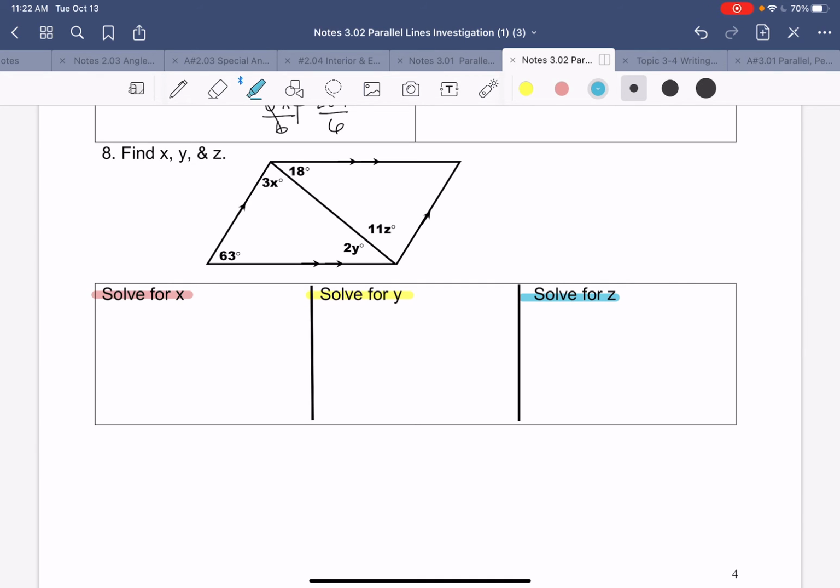So I have to determine which parallel lines and transversal I'm going to use to solve for x. Well, I see that x is right here, okay? So it's definitely going to be something on the left side. Well, I do have this 63 here, okay?